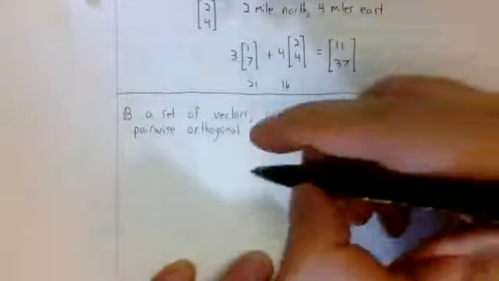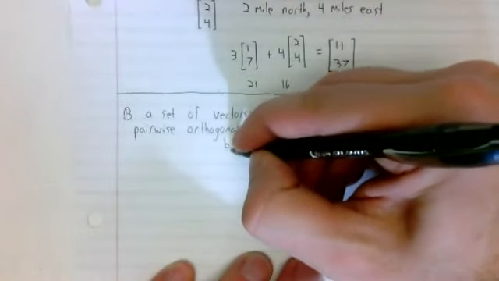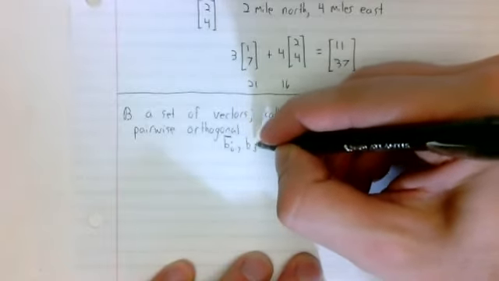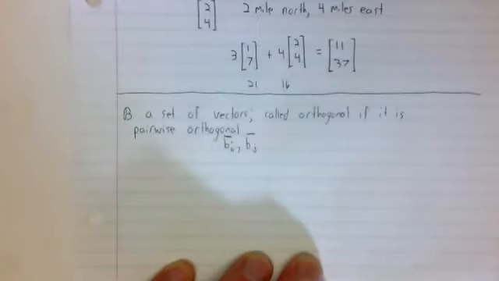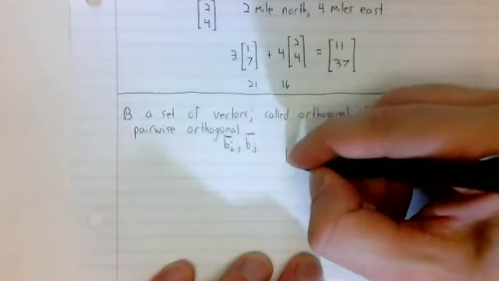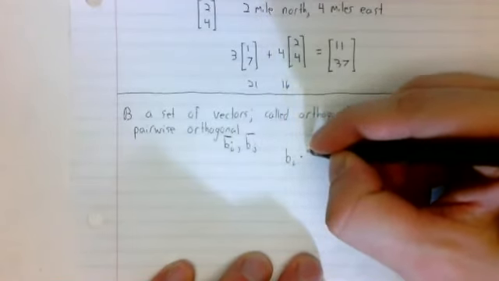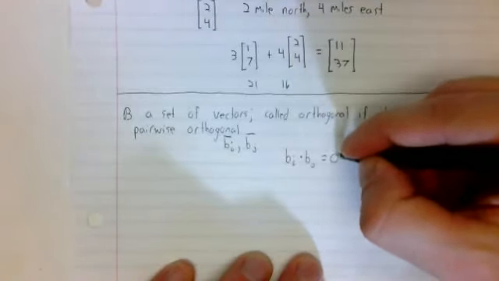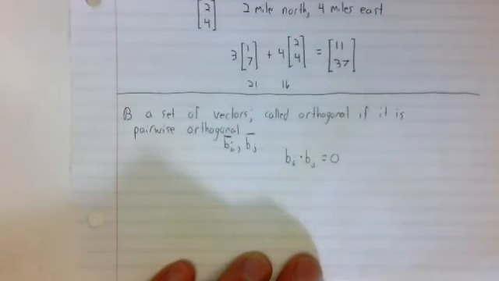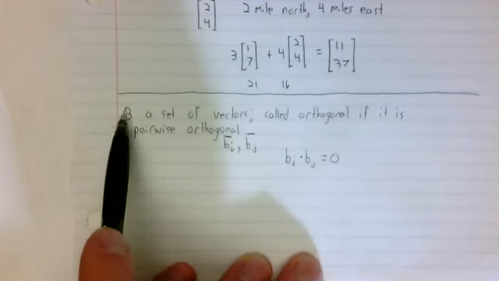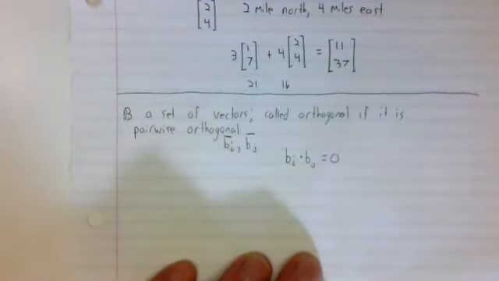And what we mean by that is that if we take two vectors from the set and we take the dot product of these vectors, then the dot product is 0. So all the vectors in this set are orthogonal to all the other vectors in the set.